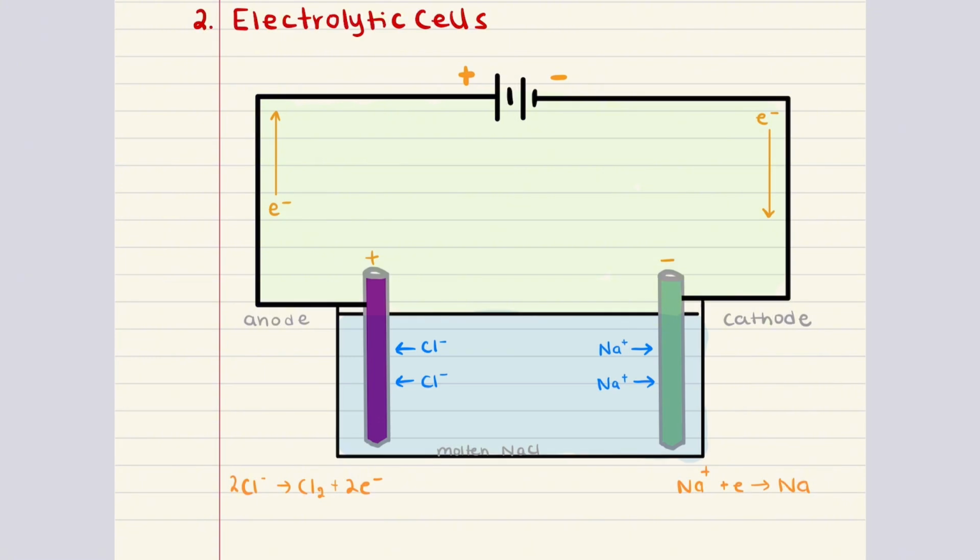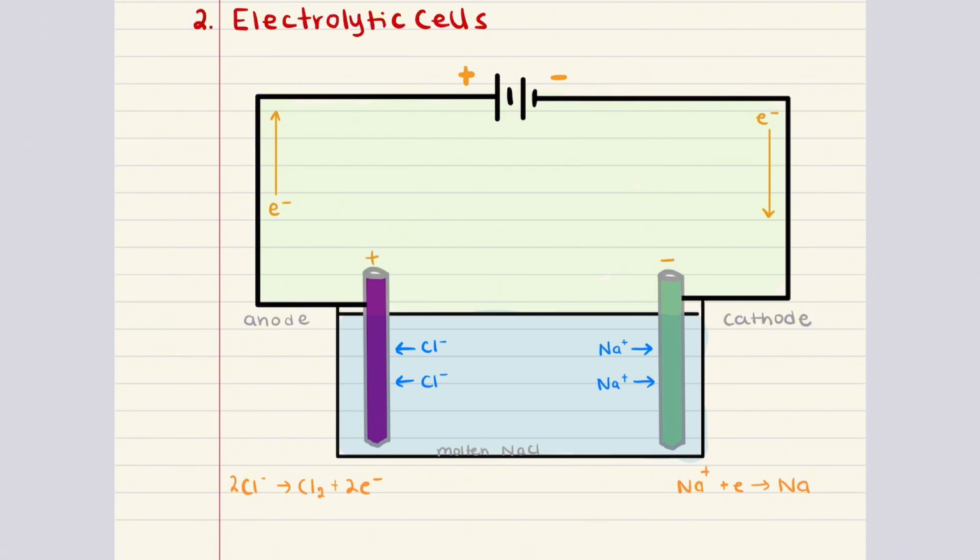This is where oxidation occurs, meaning that the electrons are removed from the species at the anode. And despite being positively charged, it's still the site of oxidation. Now, the cathode is the negative electrode where reduction occurs. Electrons are supplied to the species at the cathode, enabling reduction reactions.